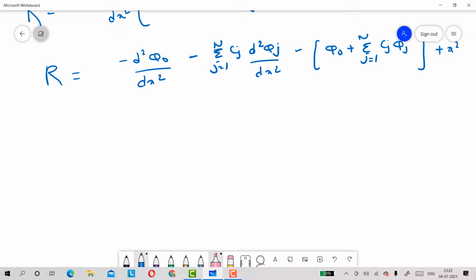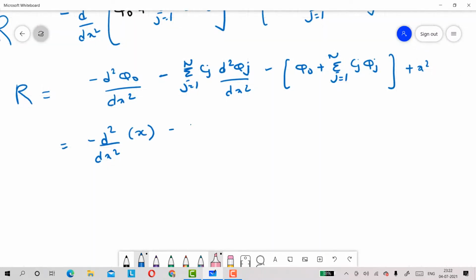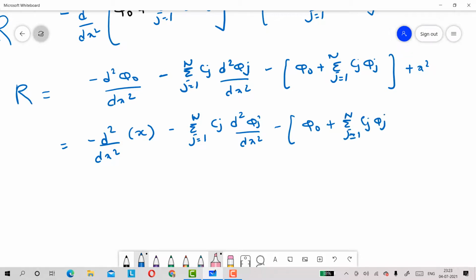So this term is minus d square over dx square of phi naught, which is equal to x, minus sigma j equals 1 to n cj d square phi j over dx square minus phi naught plus sigma j equals 1 to n cj phi j plus x square.